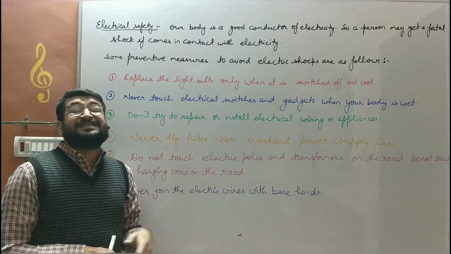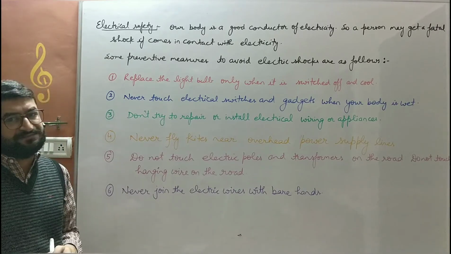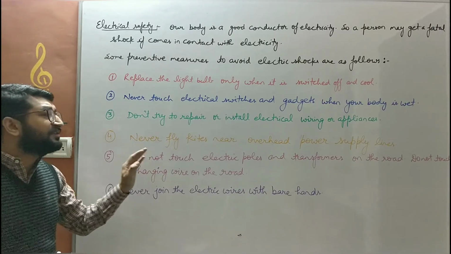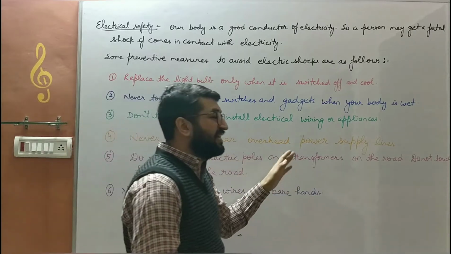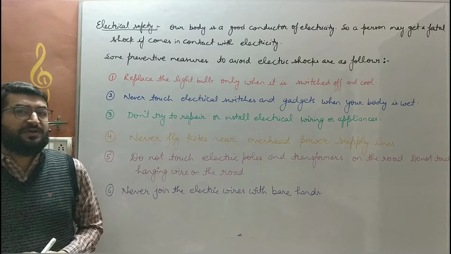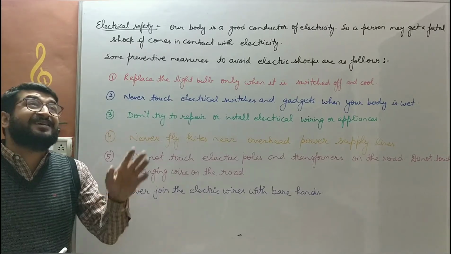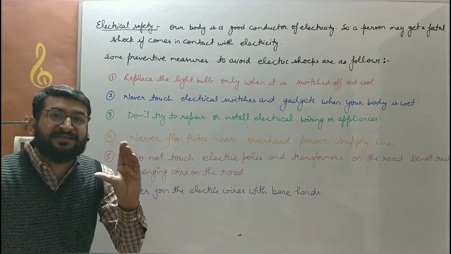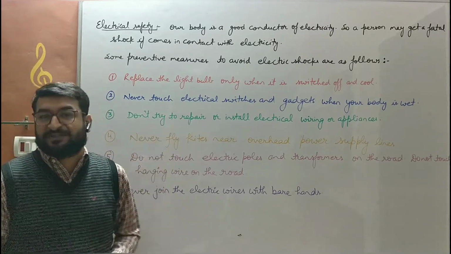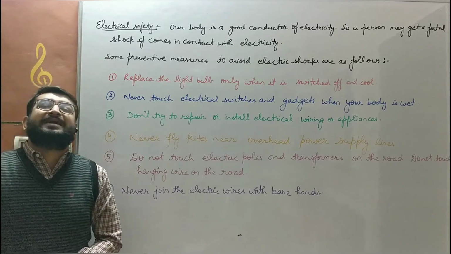Never fly kites near overhead power supply lines or overhead electric wires. Do not touch the electric poles and transformers present near your street or house. That may give you an electric shock. Never touch a hanging wire if you find one anywhere. And the last one is, never join electric wires with your bare hands.